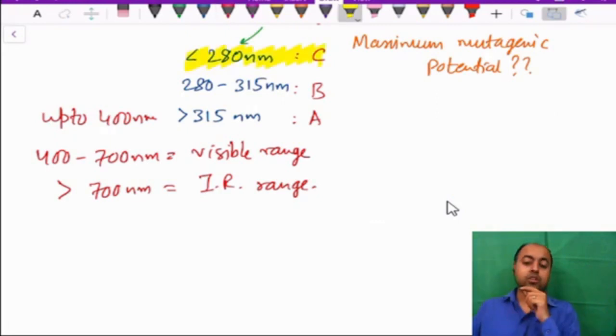Now there is a very common question which will be asked in your pathology section. A person is exposed to sunlight which has the mutagenic potential.